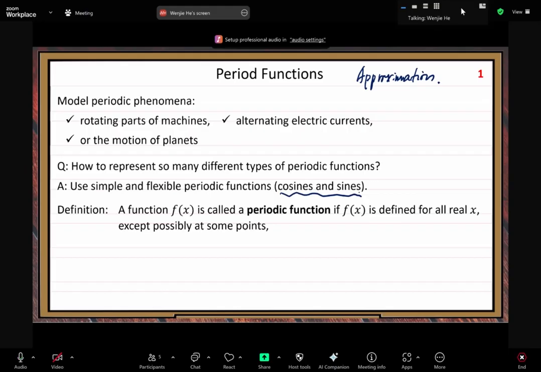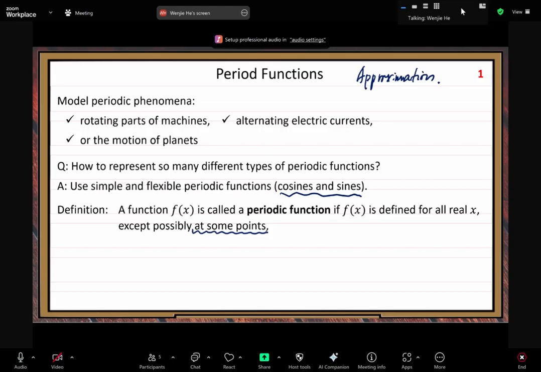People may ask, what do you mean by some points? Typically we understand it in this way. First, these points should be scattered, isolated points. And because it's a periodic function, in each period there are finitely many such isolated points.